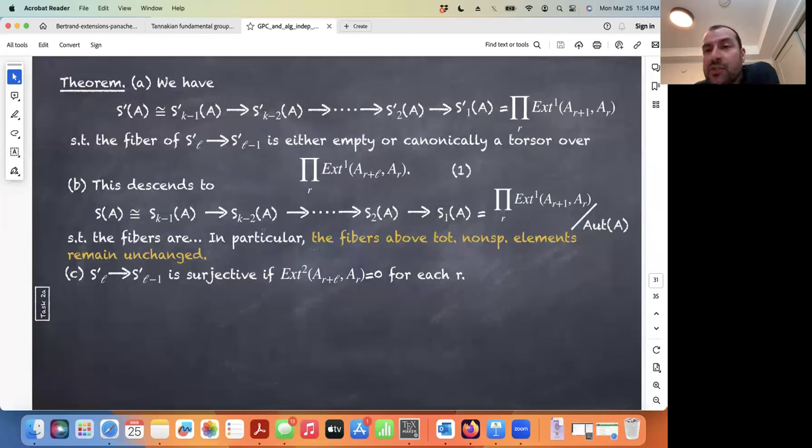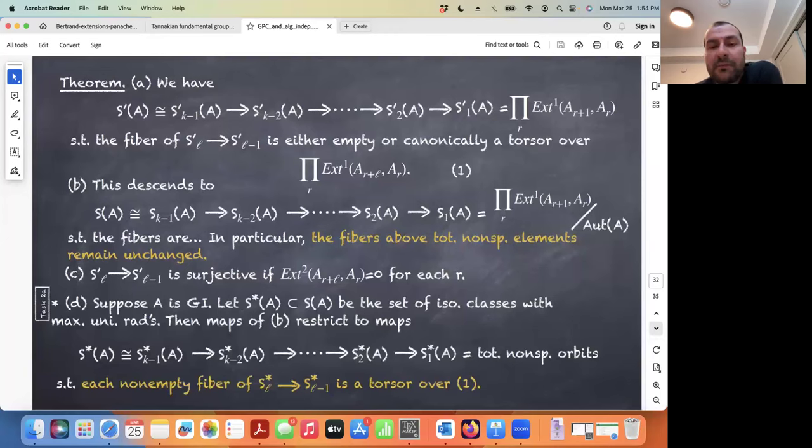In particular, on actual isomorphism classes, you're getting these torsor structures. And then there's a statement, a sufficient condition for surjectivity of these truncation maps: vanishing of some X2 groups. And then I'm going to go back to the task 2A that we had, which was about maximal unipotent radicals. Now, if your A is graded independent, here's what will happen.